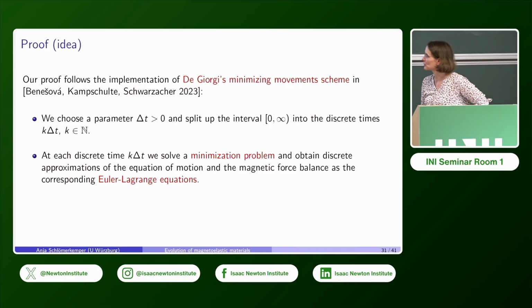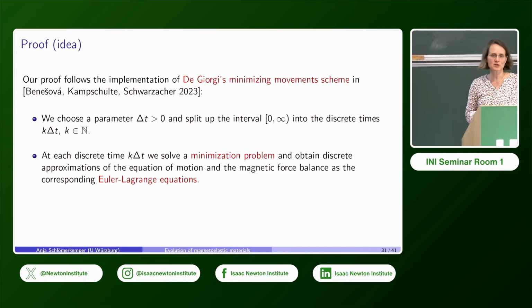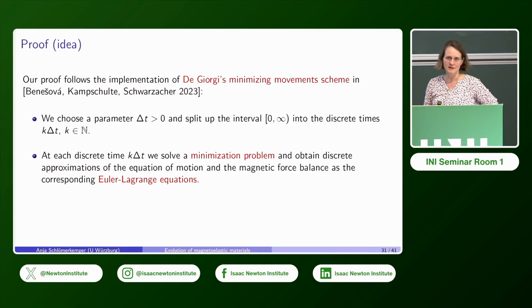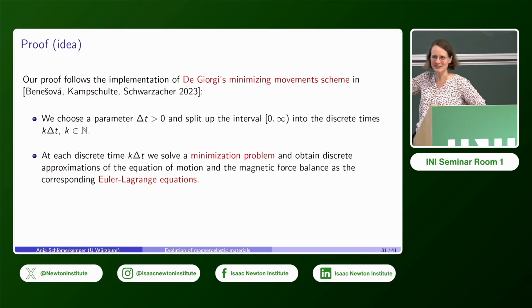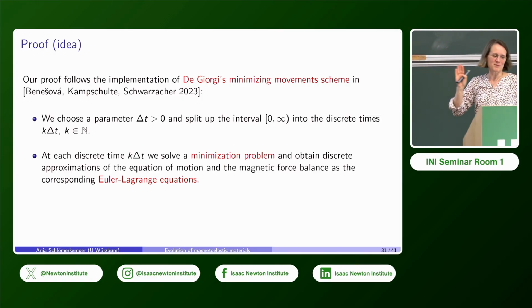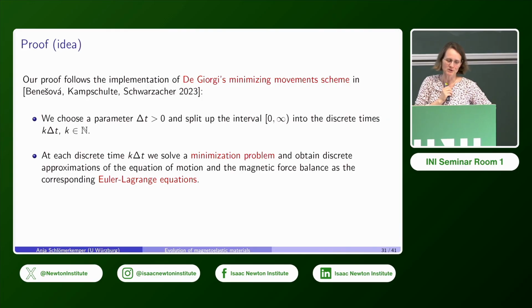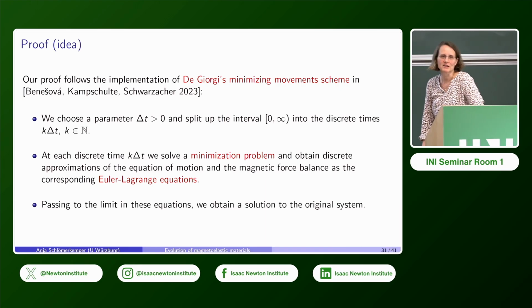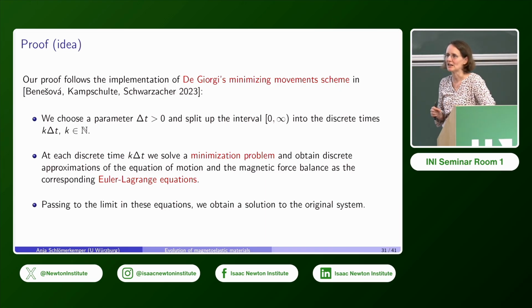At each discrete time, k delta t, we solve a minimization problem. I still need to tell you which minimization problem, that's part of the proof. But we solve a minimization problem and then obtain the Euler-Lagrange equations, and by this we have approximations of the equation of motion. Then we pass to the limit as delta t tends to 0, and we obtain the solution of the original system.